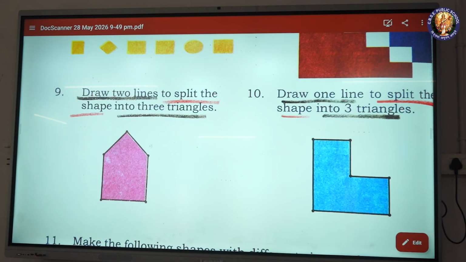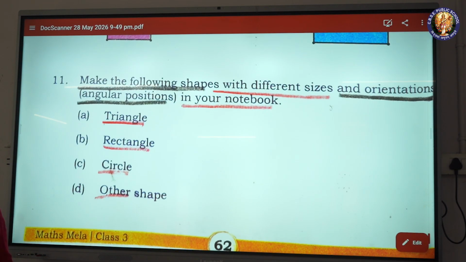9. Draw two lines to split the shape into three rectangles, into three triangles. 10. Draw one line to split the shape into three triangles. 11.